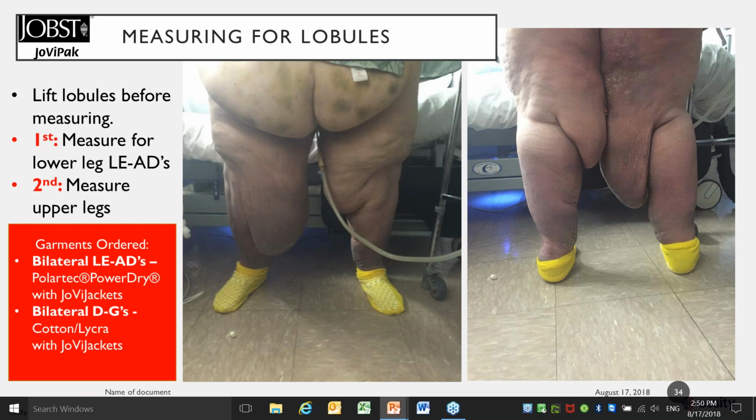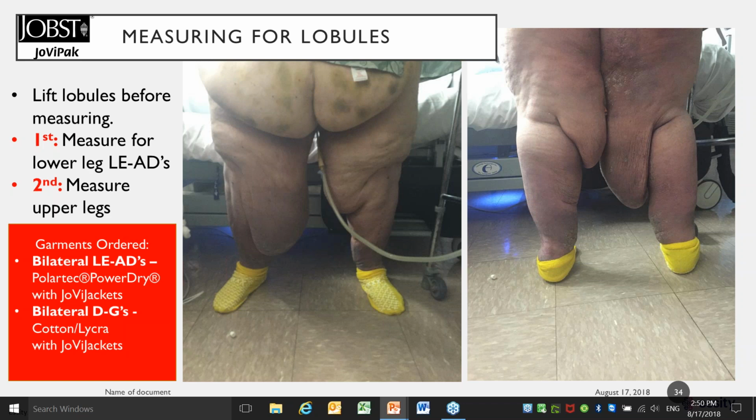Now, let's talk about measuring for lobules. Lobules on the leg can really be overwhelming for many people. But if you take it in sections, it's again one of those projects that's really not too hard.